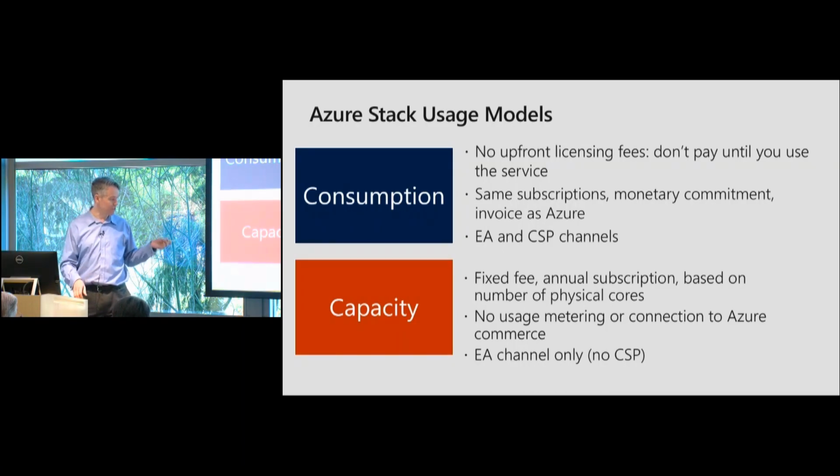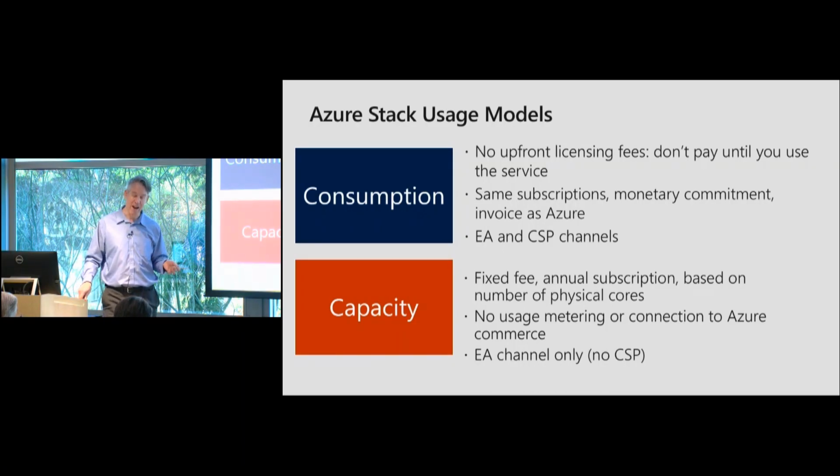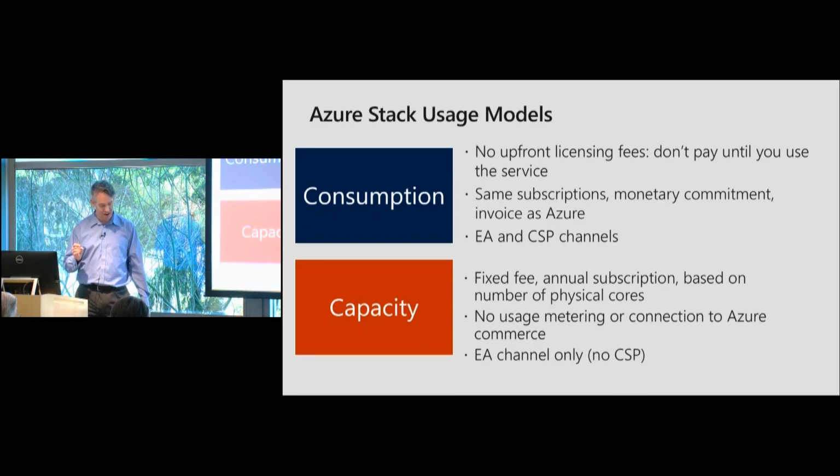The other model is a capacity model. In the capacity model, you're saying, I have an Azure Stack that's this big, it can run about this many guest VMs, and I'm going to pay per month as if I'm fully loading it up. You pay a flat monthly fee to Microsoft, and it assumes that you're fully using that Azure Stack, more or less.